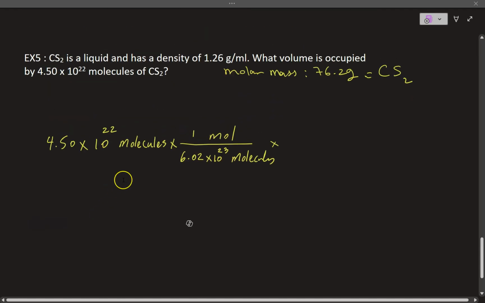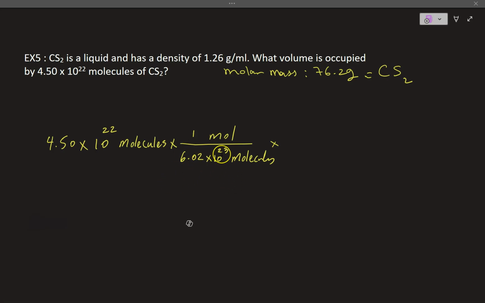So this is the first part, the number of molecules, and in 1 mole we have Avogadro's number, 6.02 times 10 to the 23 molecules, and then we have to get rid of the moles. So 1 mole, and then we want to include the gram in here. We're going to use the molar mass, right? And the last thing is we're going to use the density, since we want to have the volume at the end.